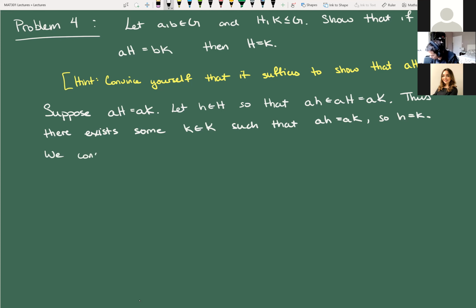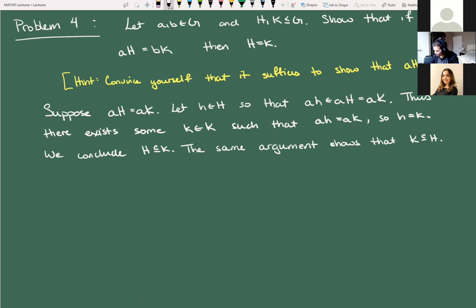So we conclude H is a subset of K. And then the relationship between these two groups is perfectly symmetric. So obviously K must also be a subset of H. The same argument shows that K is a subset of H. You do exactly the same argument, and everywhere there was a K and an H, you switch them around.